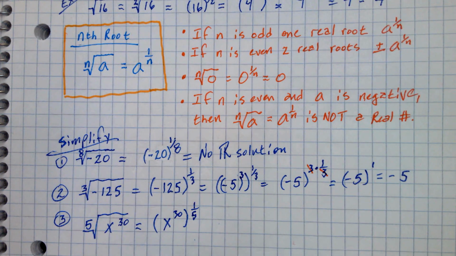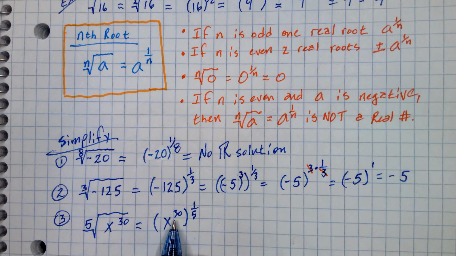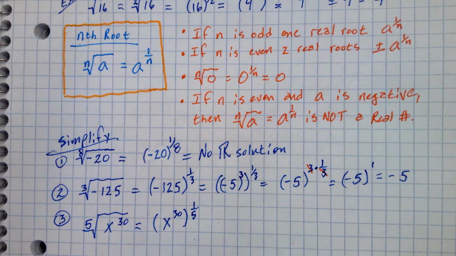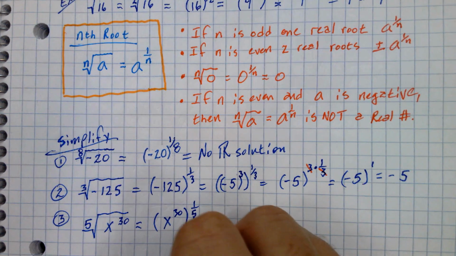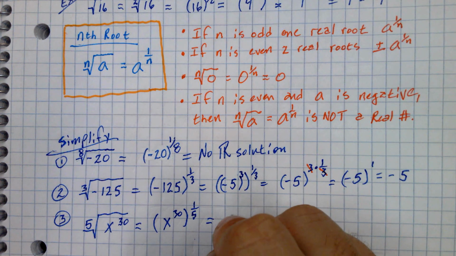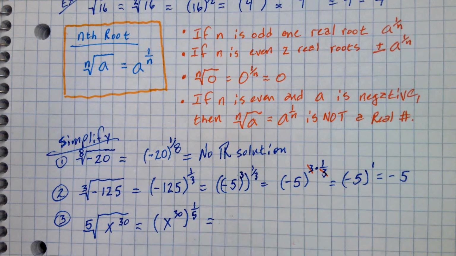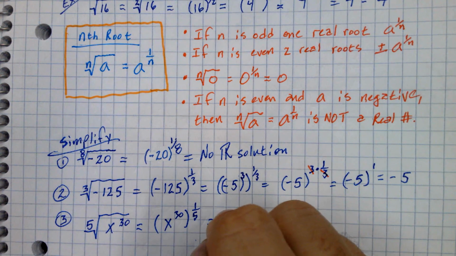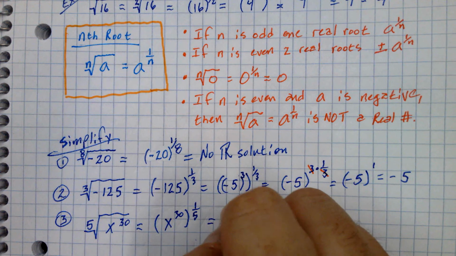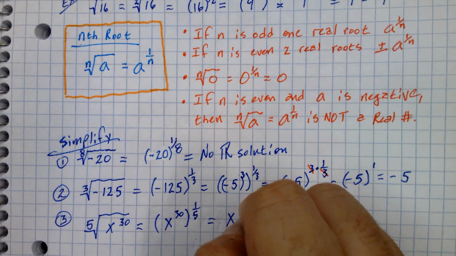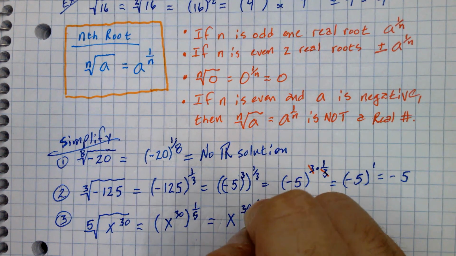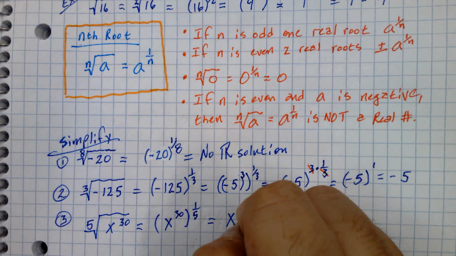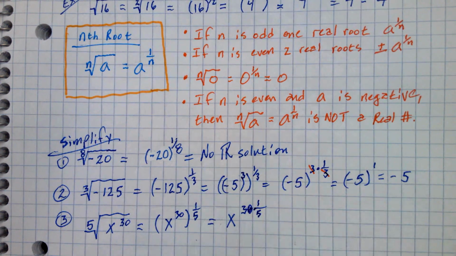Okay. And now, what can I do with this 30 and the 1/5? Multiply them. So this is going to be, and this is one of the reasons we do this, x to the 30 times 1/5.